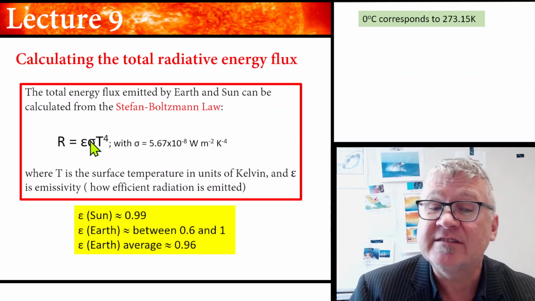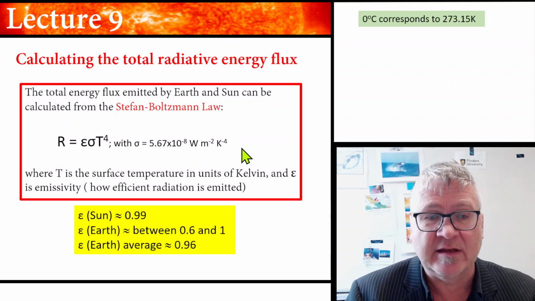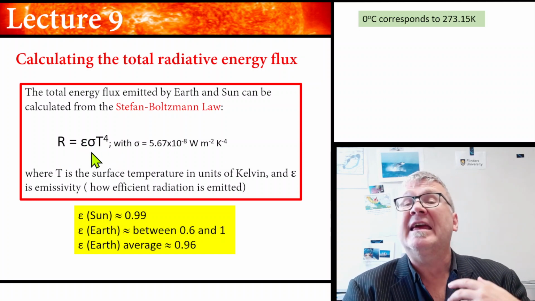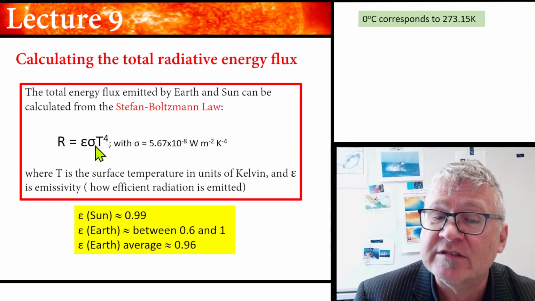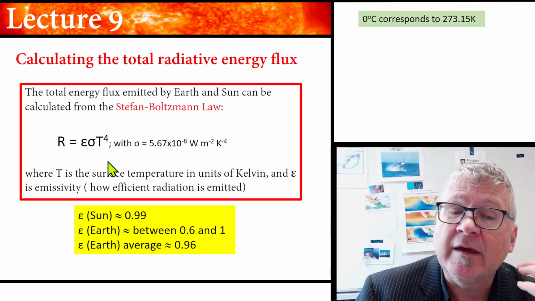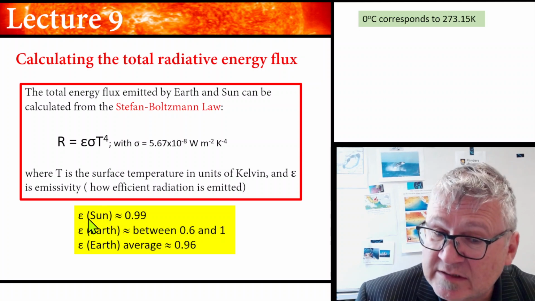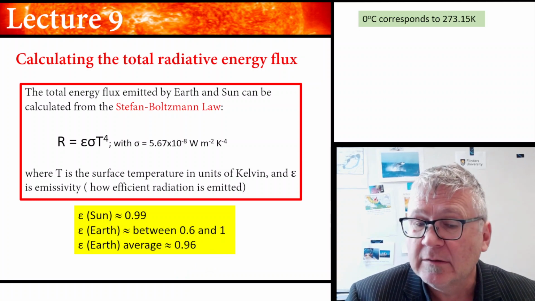Okay. Then the sigma is a constant, which never changes, and is written here. And this epsilon is the emissivity, that tells us how efficiently radiation is emitted. Okay. And the epsilon is, on average, very close to unity, to 1.